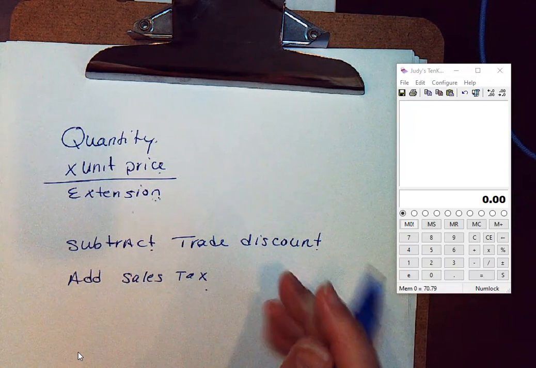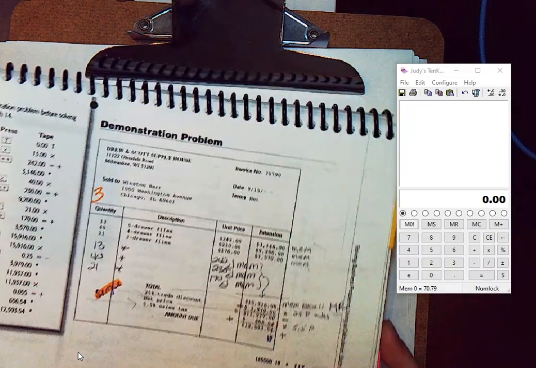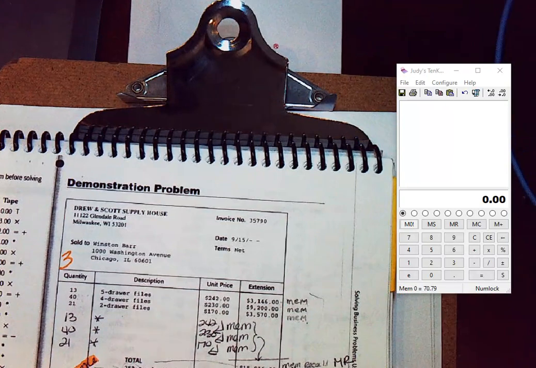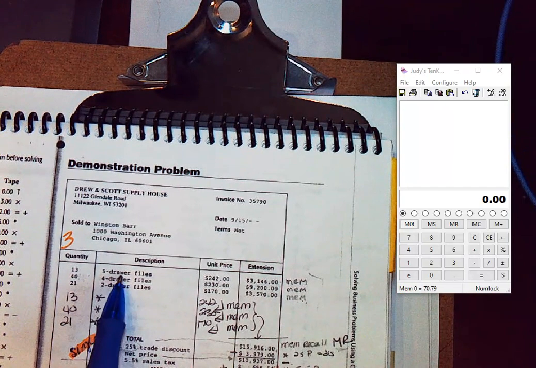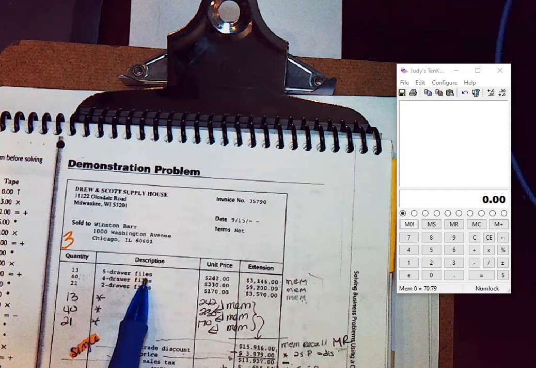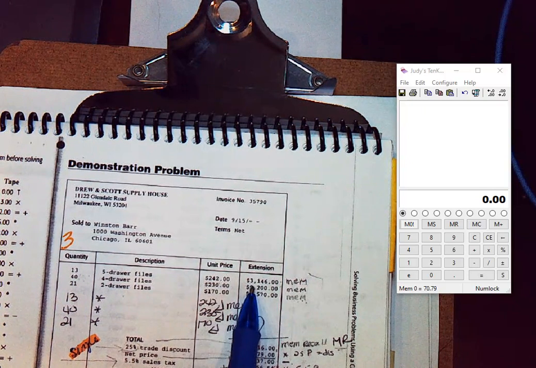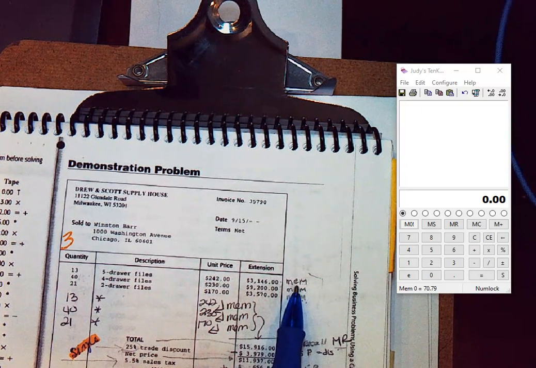So if you look on page 117, we're buying 13 5-drawer files. One costs $242. So 13 times 242 is going to be 3,146, and you would put that in memory.